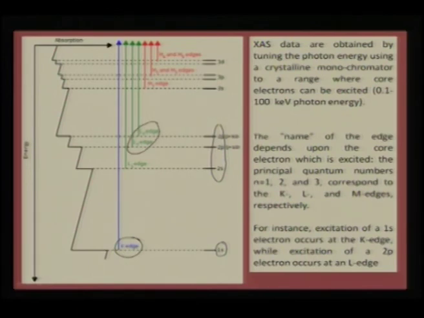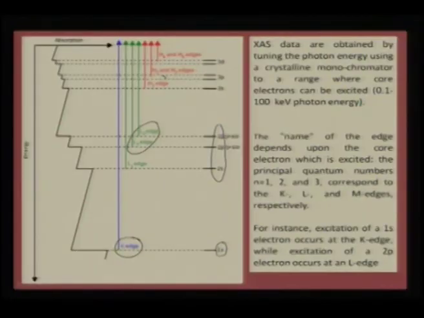When we talk about bigger metal ions, this L2 and L3 give very rich information about the oxidation states. Similarly, we can go for M1, M2 and M3 and so on. Each one is designated by the orbitals that are associated with it.